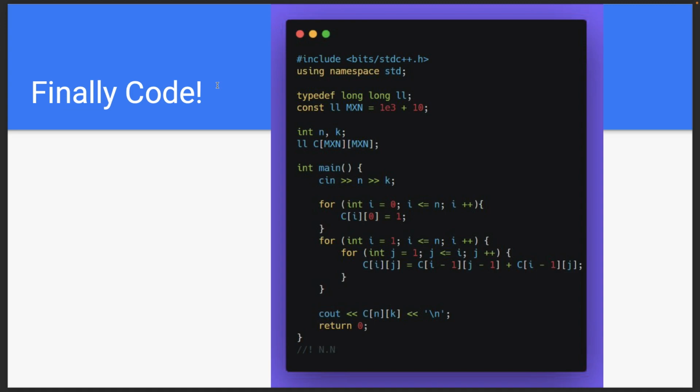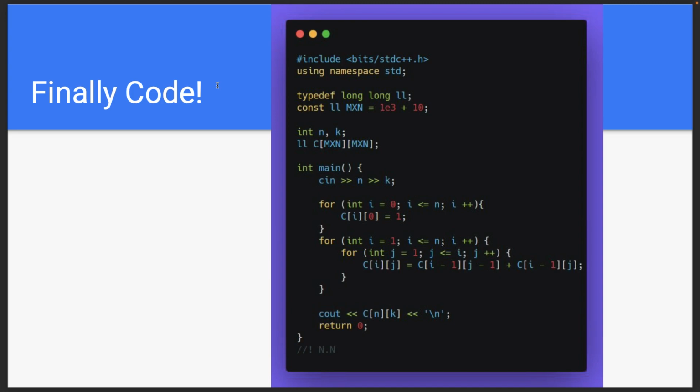Simply choosing 0 elements out of i elements would be 1 for every number. And after that, for calculating other values, we already calculated the C function for i equal to 0, because we know that there is only C00, which is 1, and we calculated it here.